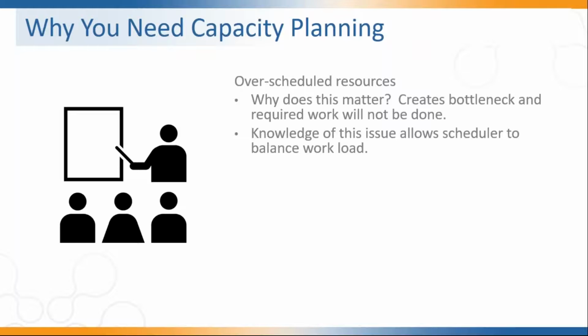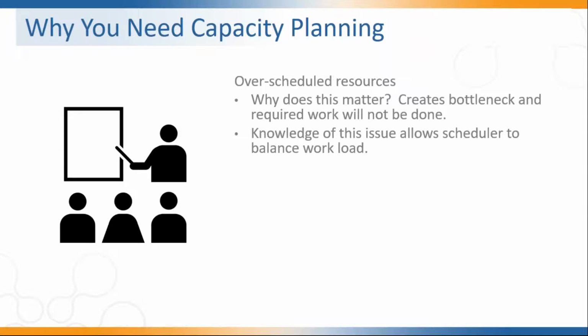Well, we may overschedule that machine and not be able to fulfill the requirements that we have in order to get the parts out to the customer at the right time. As the slide you're looking at says, it creates a bottleneck and the required work just won't be done. So if the scheduler is aware of this problem, then they can use that knowledge to balance the workload and get out of that situation.